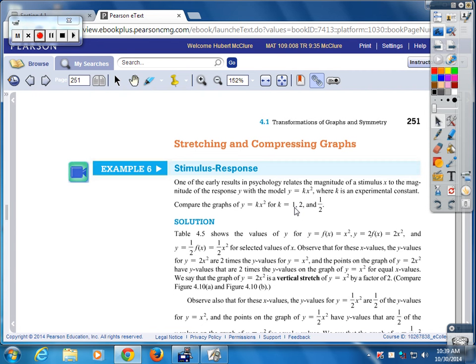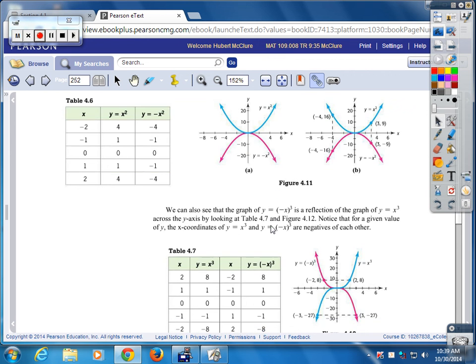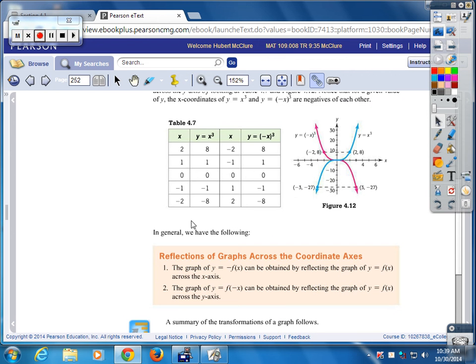When a is equal to 1 or k is equal to 1, what is that? Parent graph. What happens when a is equal to 2? Squishes it. Gets skinnier. What about 1/2? Stretches it. Y'all know that.